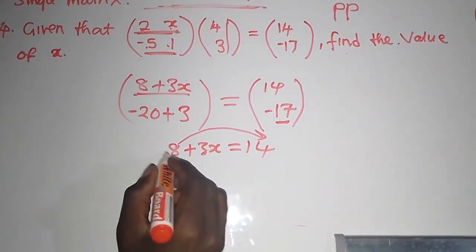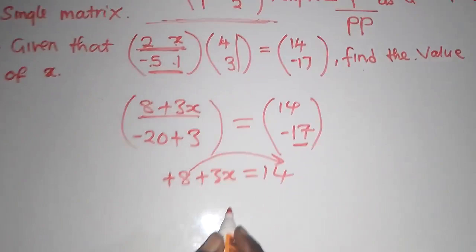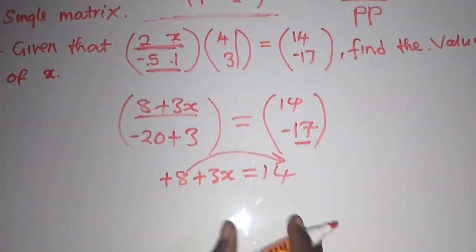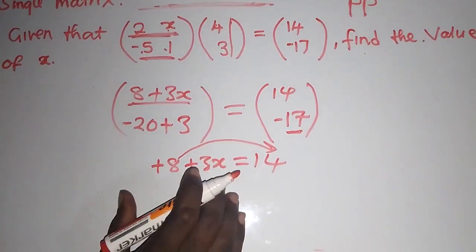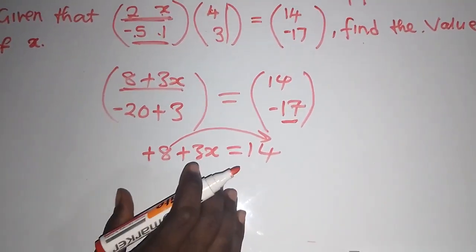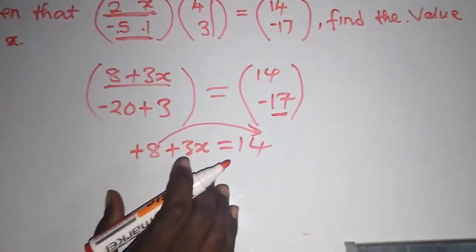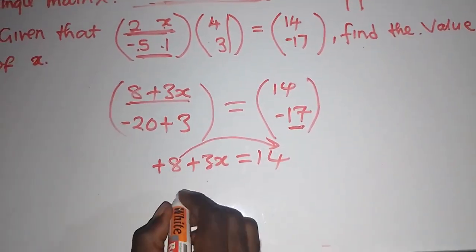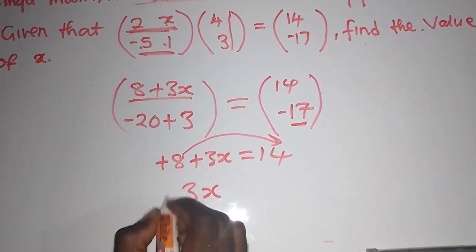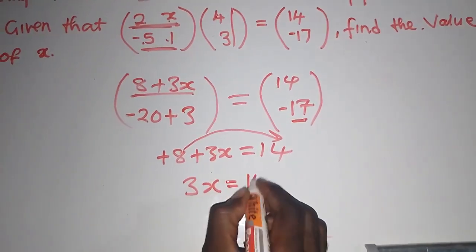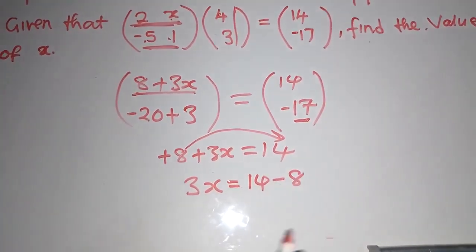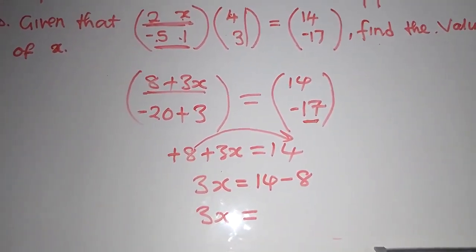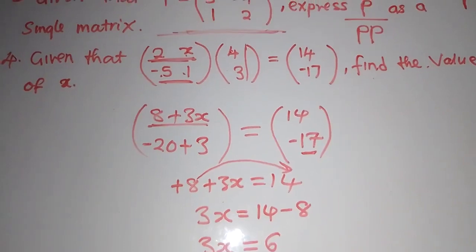When a number goes to the other side of the equation, the sign will change. So 3x will remain positive 3x, which is equal to 14 minus 8. So 3x is equal to 6.